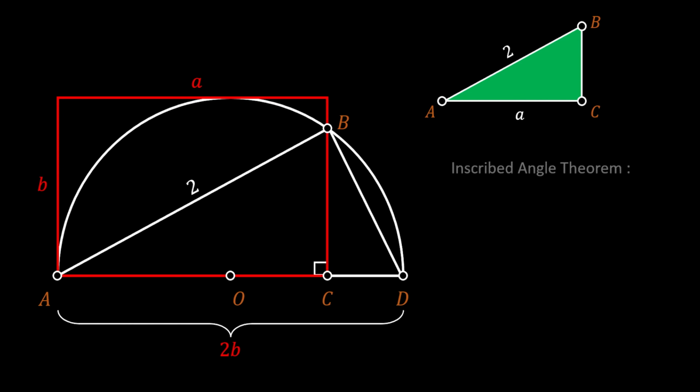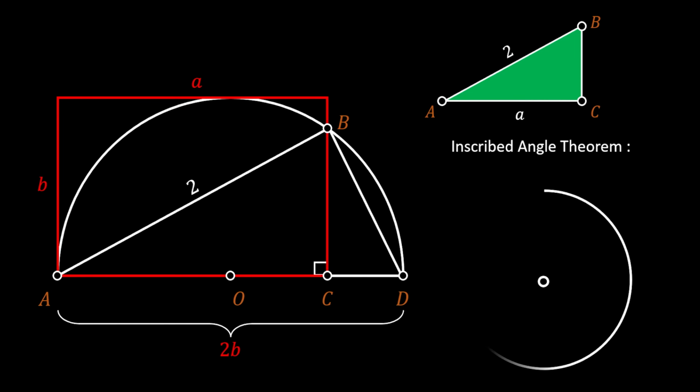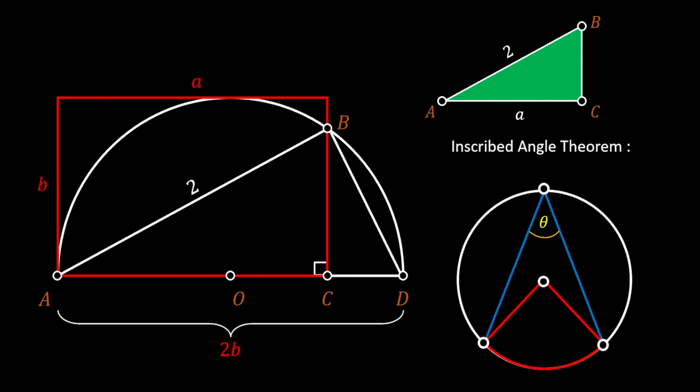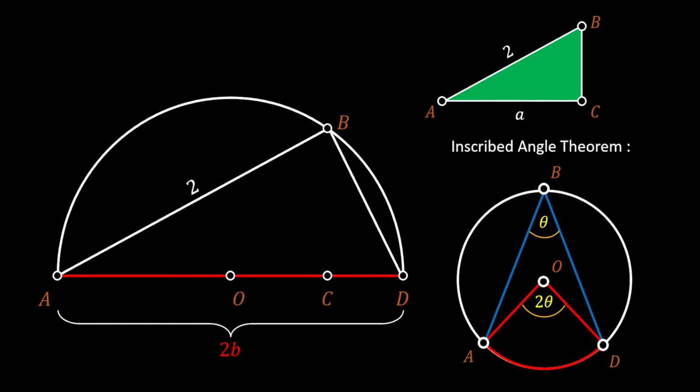We can do this by using the inscribed angle theorem, which states that if we have a circle and we have the inscribed angle in this circle, let's mark it as theta, that inscribed angle will always be equal to half of the measure of the central angle that subtends or forms the same arc, in this case that is 2 theta. So now if we mark all our points the same way as the sketch on the left, you can notice that we have the same situation.